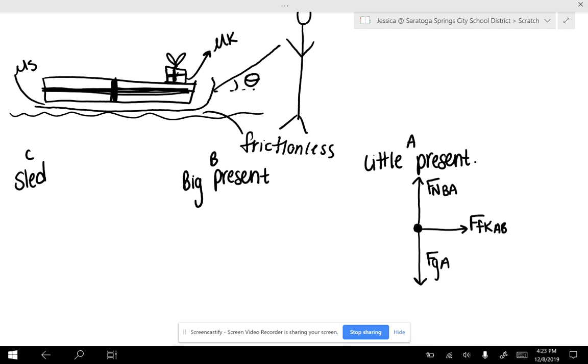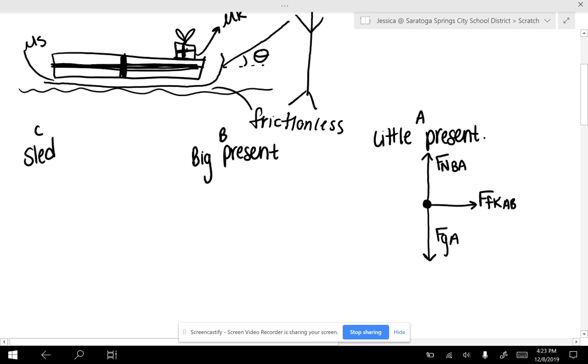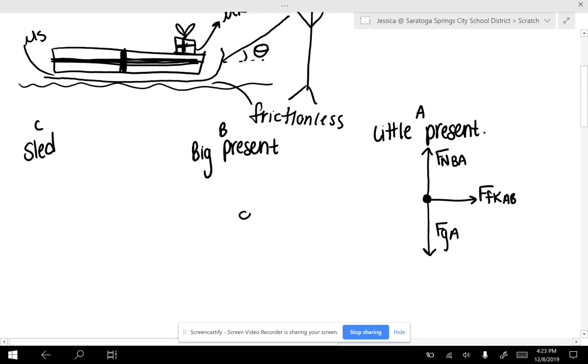Now we have the big present. Remember, there's a little present on top of the big present.